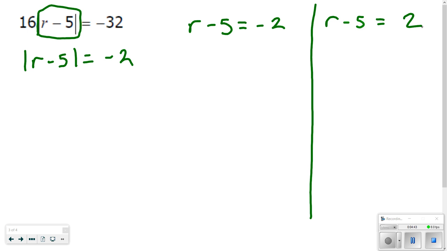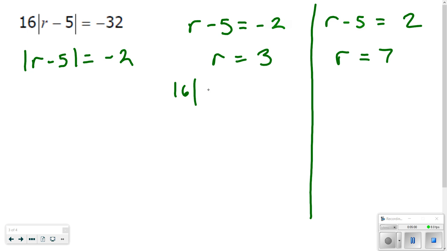When we solve, we get r equals 3 and r equals 7. So let's plug them back in and see if they work. We have 16 times the absolute value of 3 minus 5, which is negative 2.